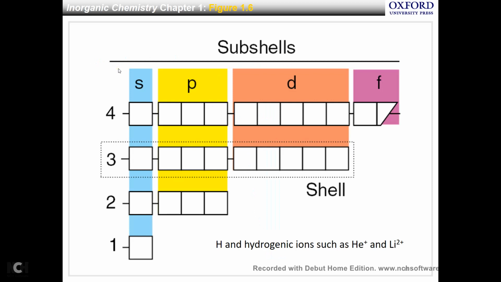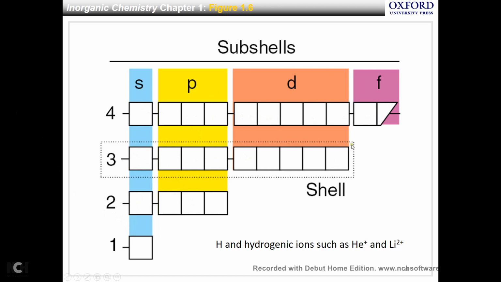So these are the atomic orbitals of the hydrogen atom, or helium plus, or lithium 2 plus, and some other hydrogenic ions. You have 1s orbital, 2s, 2p, 3s, 3p, 3d, 4s, 4p, 4d, 4f.